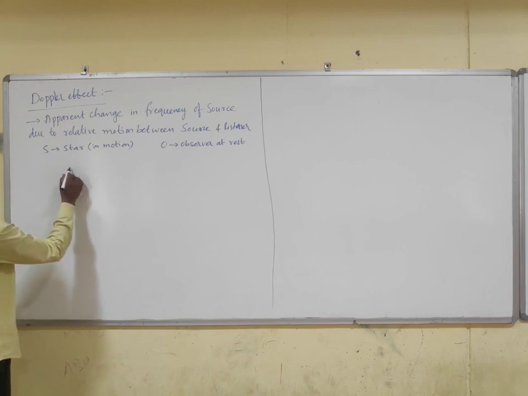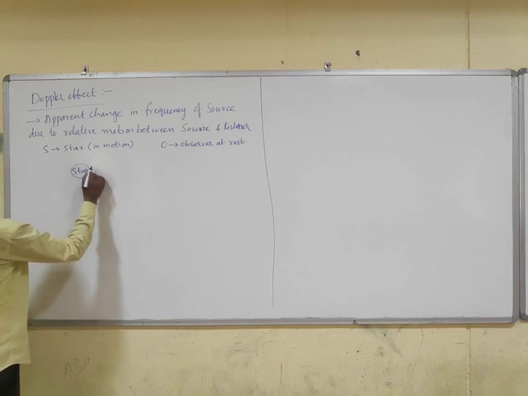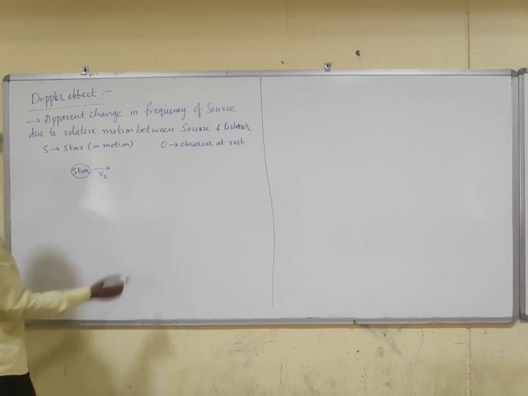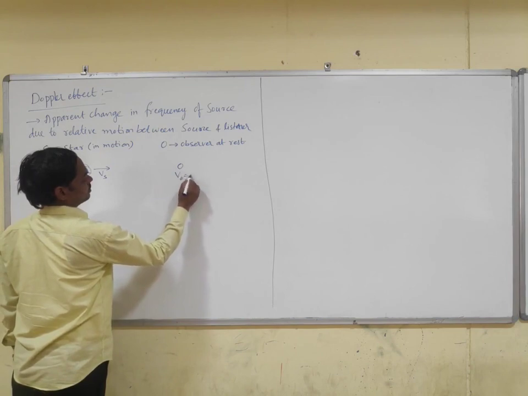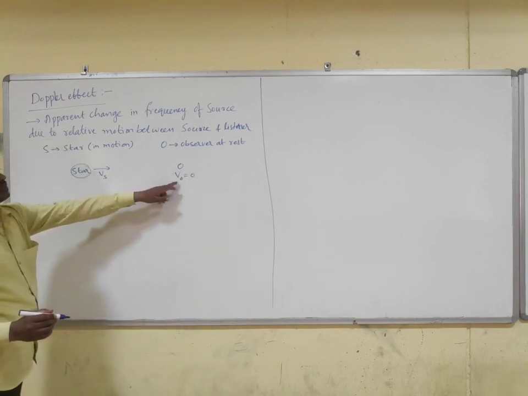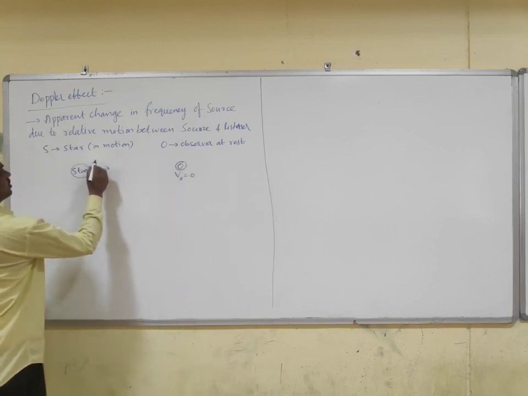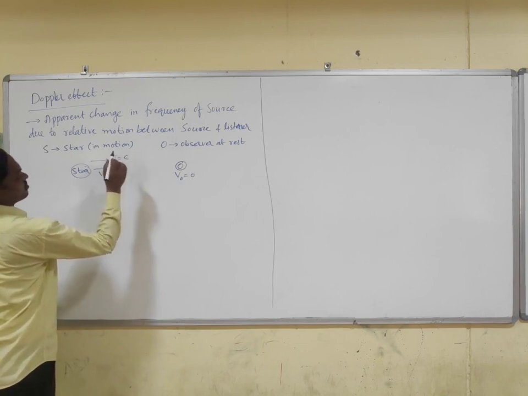S is the star, moving with velocity Vs, and O is the observer at rest, Vo equals 0. From the star, light is reaching the observer. So light is traveling with the velocity V equals c.